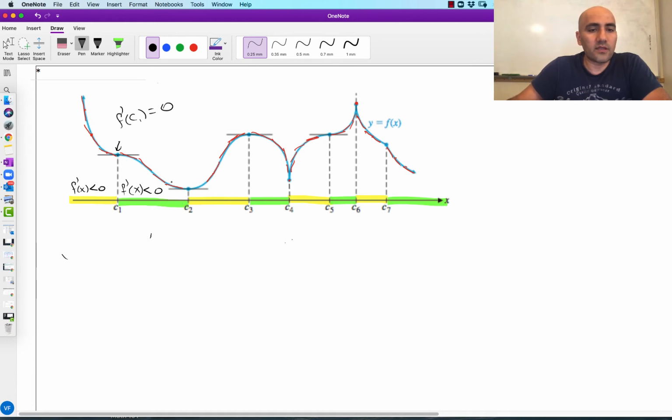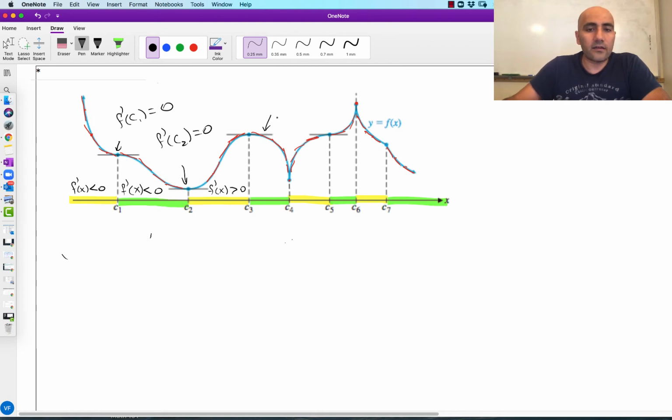The slopes of the tangent lines are negative. Right at c sub 2, we're also going to have that f prime of c sub 2 is 0. We have a horizontal line there. On this interval, the derivative f prime of x is going to be positive, greater than 0.